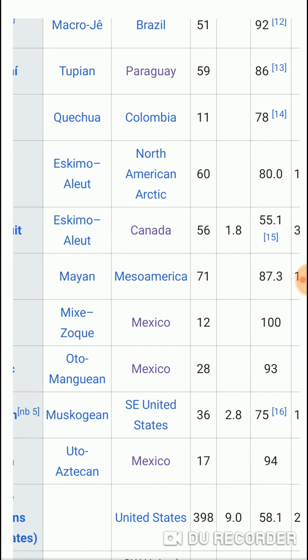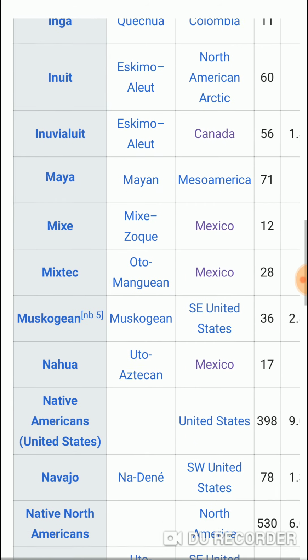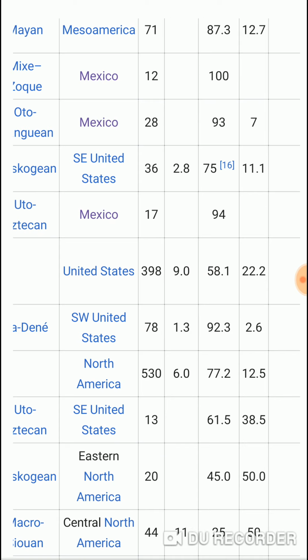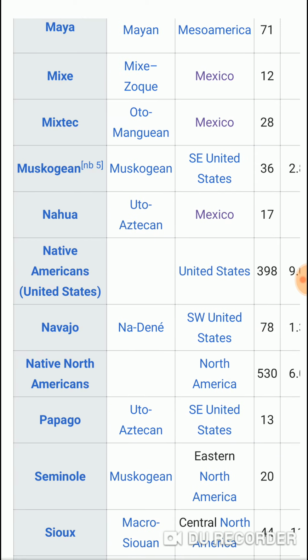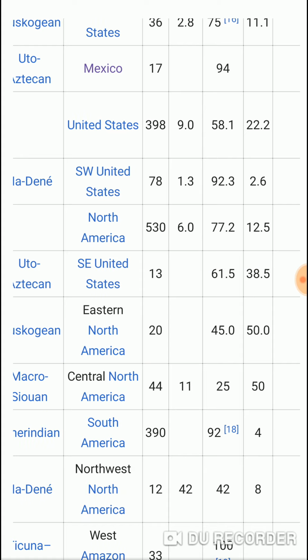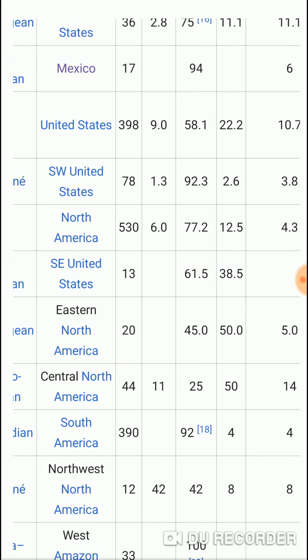A lot of them are Q. Let's see. Native Americans dealing with United States, many of them are Q. Seminoles and Sioux. The Seminoles, the Sioux, and other South American Indians. And once again, it's a split between Q and then R1.